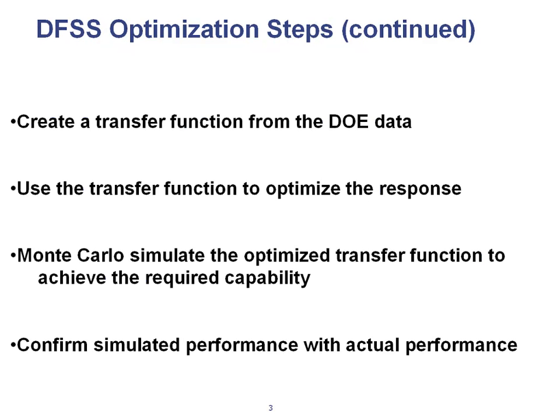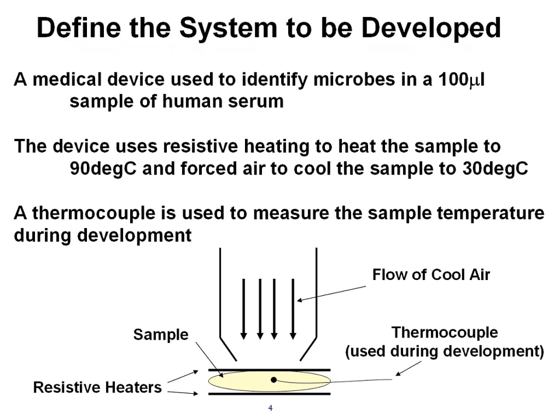And probably most importantly as a final step is to confirm that all this work that you have done, which is primarily computer simulation and mathematics, does adequately model the system. So compare or confirm simulated performance with actual performance. You should be looking at slide 4 now.